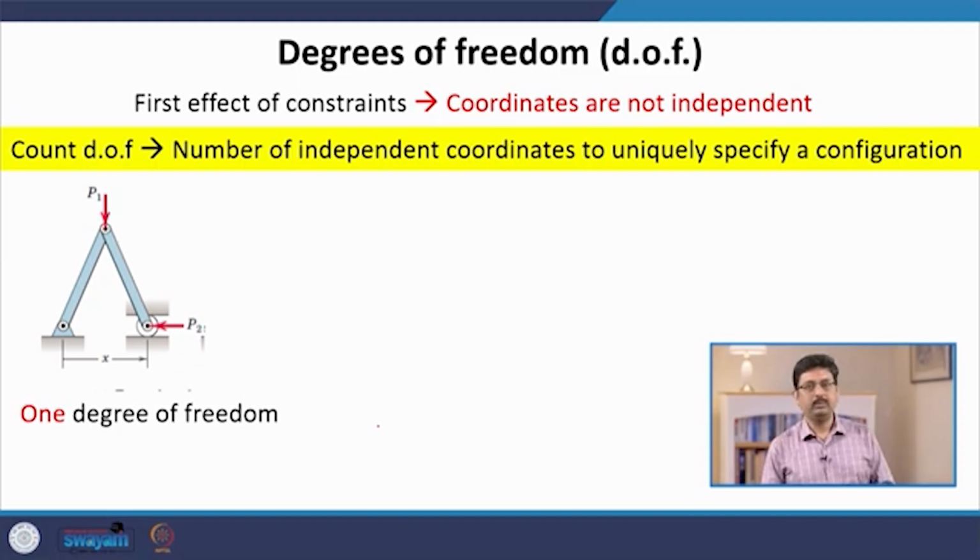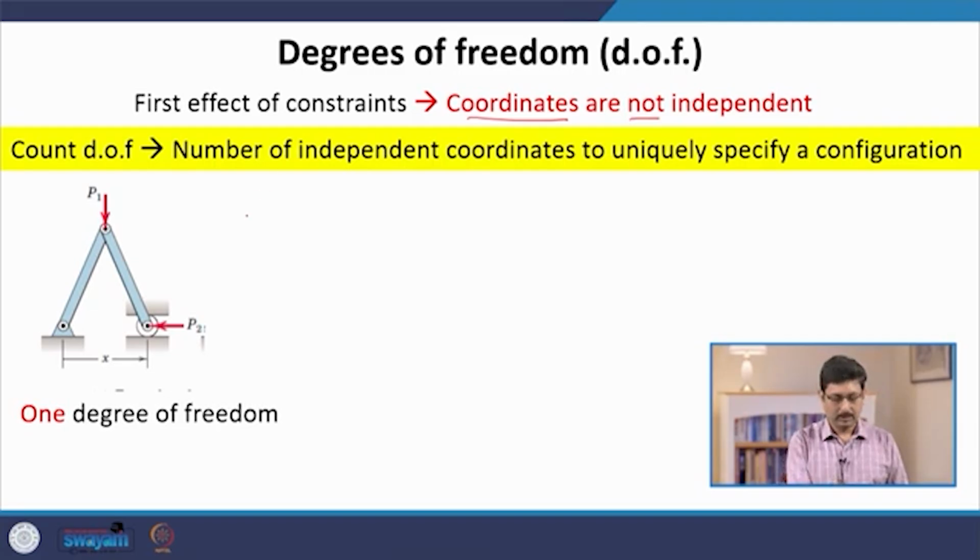Now, we come to the first effect of constrained motion. What this example shows is that if you have a constrained motion, then the coordinates that describe the position of your system are not independent. Naturally, we ask how many coordinates are actually independent.